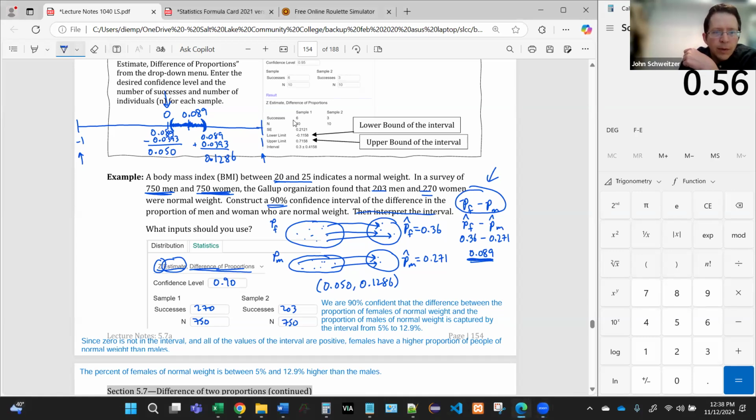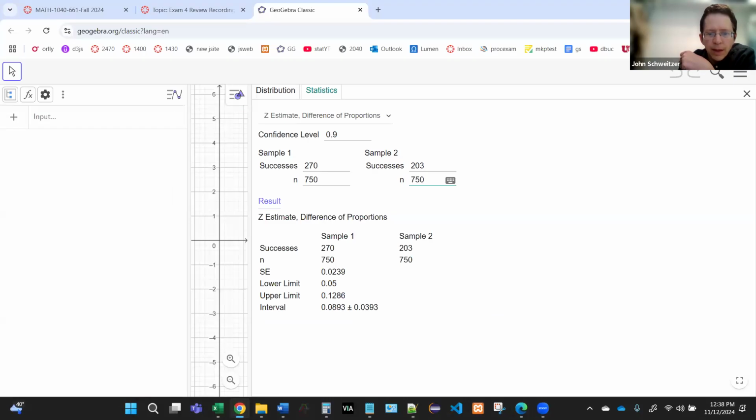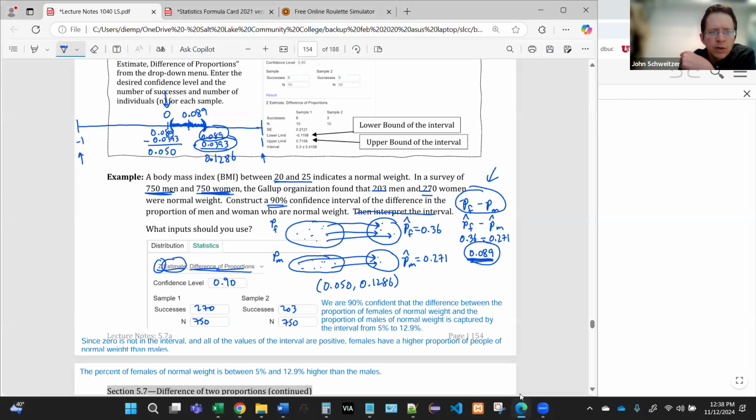Well, this decimal came from the point estimate. This decimal is the margin of error, so that came from GeoGebra. That's the margin of error right here, the 0.0393. Does that answer your question? So yes, that 0.0393 came from GeoGebra.